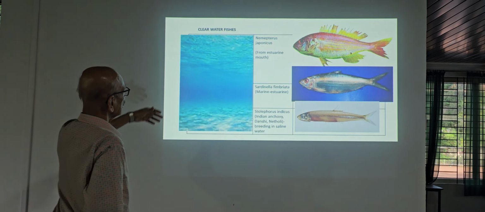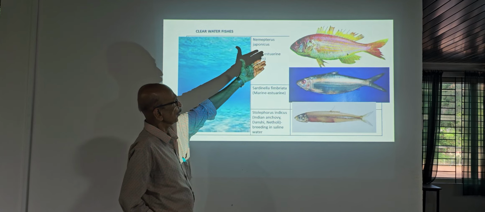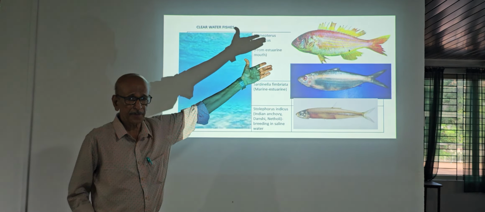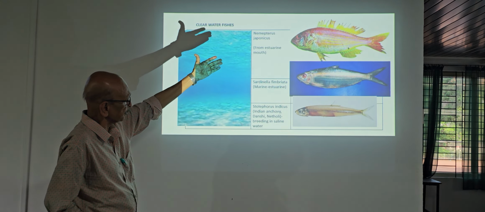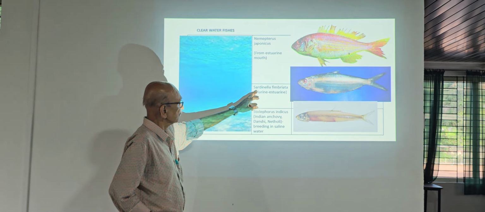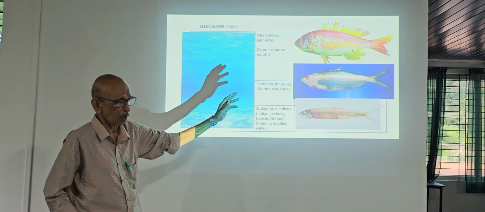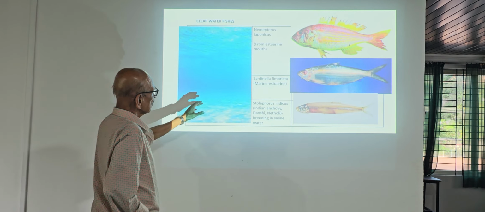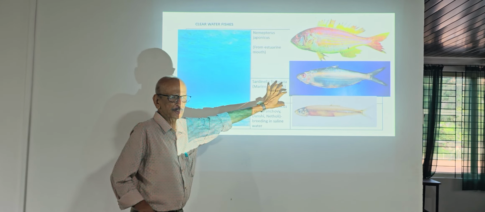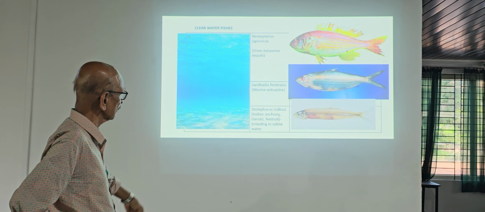Now, the clear water fish also include what's called locally Rani Meenu, and it is Nemipterus japonicus, high value fish, and this Sardinella fimbriata, which is also marine to estuary, and the young ones enter into the estuary and spend most of the life in the estuaries.